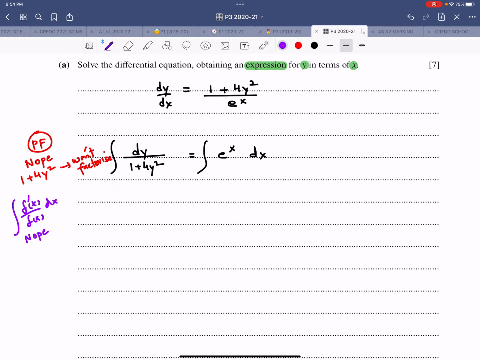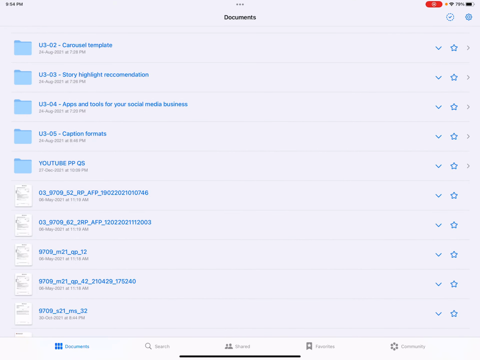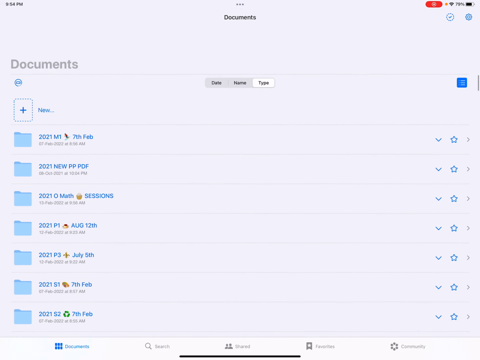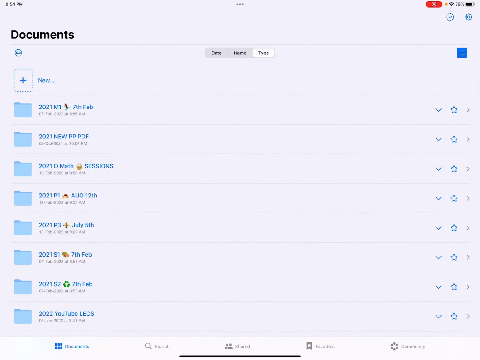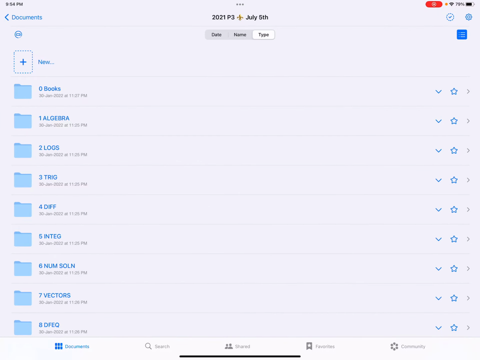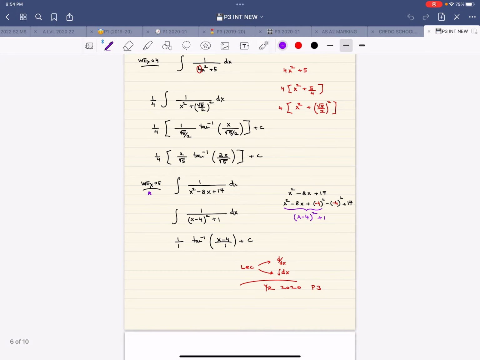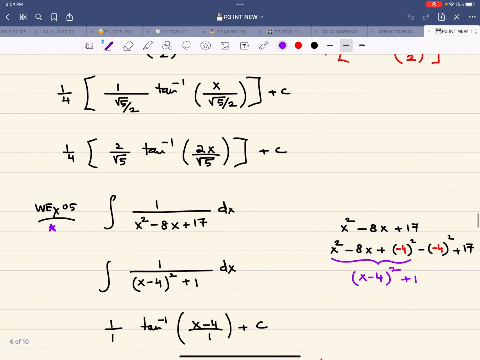So what is that tan inverse integration? Since this was something that is new in the syllabus, let me take you there. This is P3, and this is integration new.